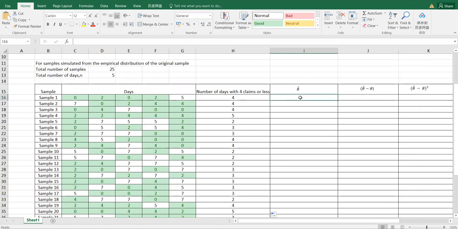For theta hat, it is actually the probability of the number of days with 4 claims or less for the sample. It is equal to the number of days with 4 claims or less over the number of days, and we lock the number of days and drag it down.